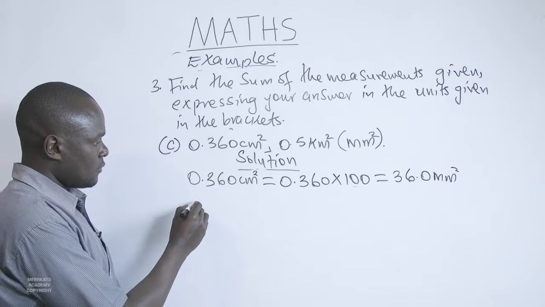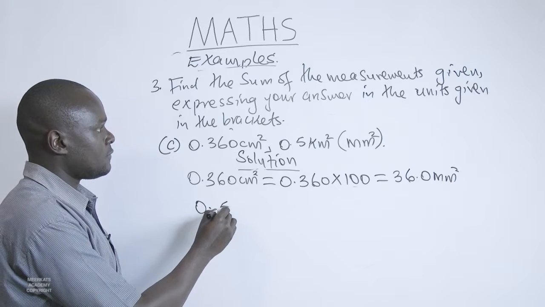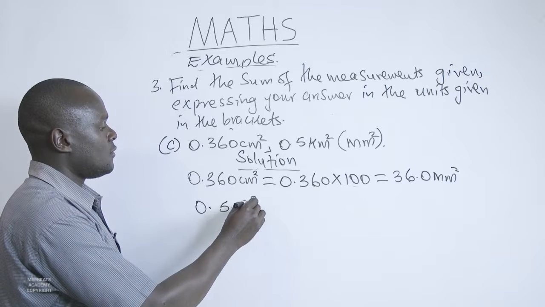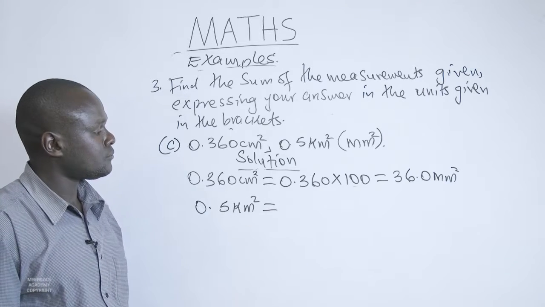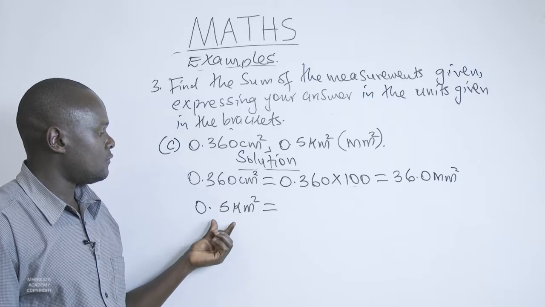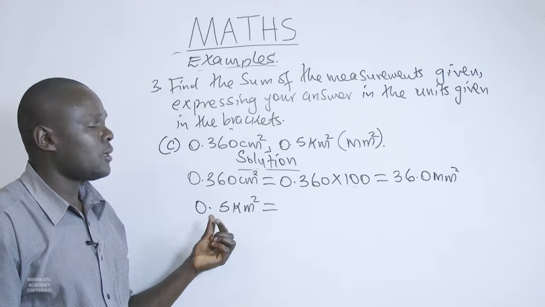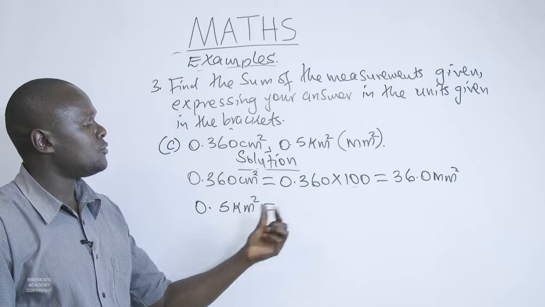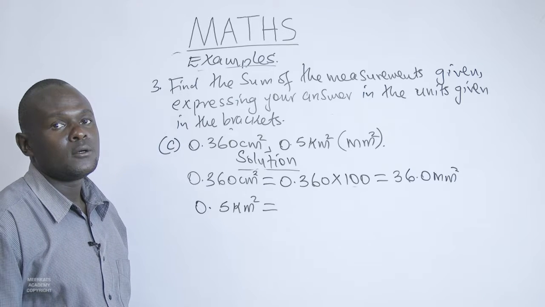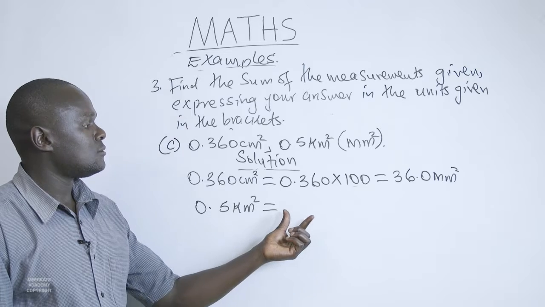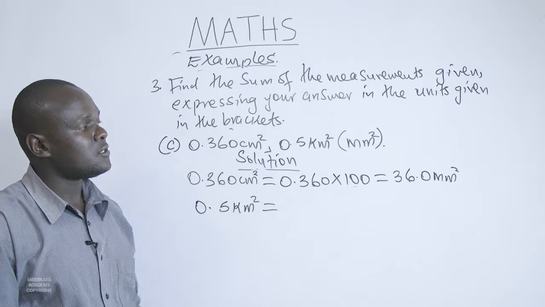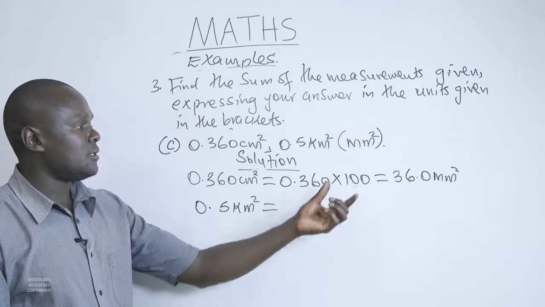We now convert 0.5 square kilometers. And to convert this, we will first of all convert from square kilometers into square meters, then from square meters to centimeters squared, and lastly to millimeters.